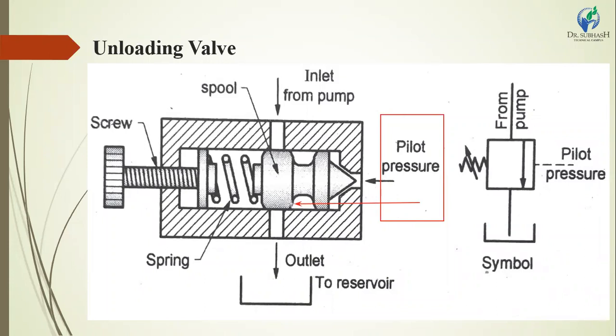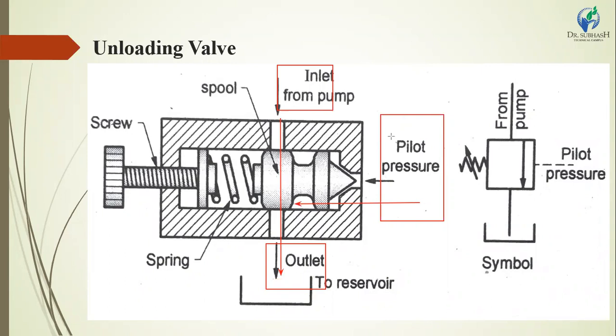When it opens, the connection is made from inlet to outlet. When the conical poppet moves from the right side to the left side, it opens the flow path from the inlet position to the outlet position, and all the flow passes directly from the inlet to the outlet to a reservoir tank. Here it saves power and avoids overheating of the oil.